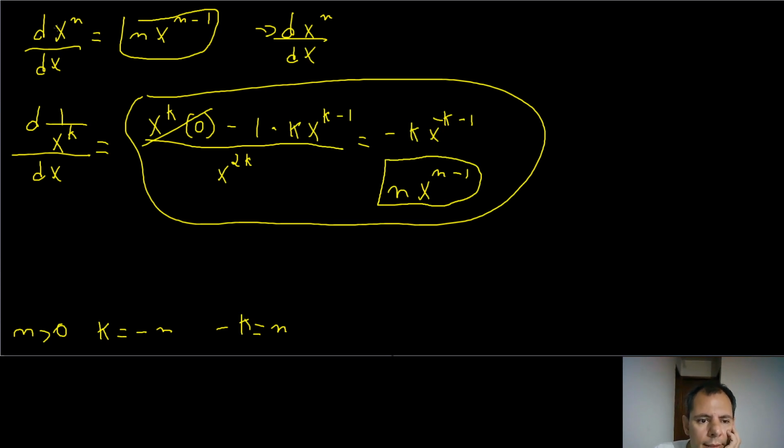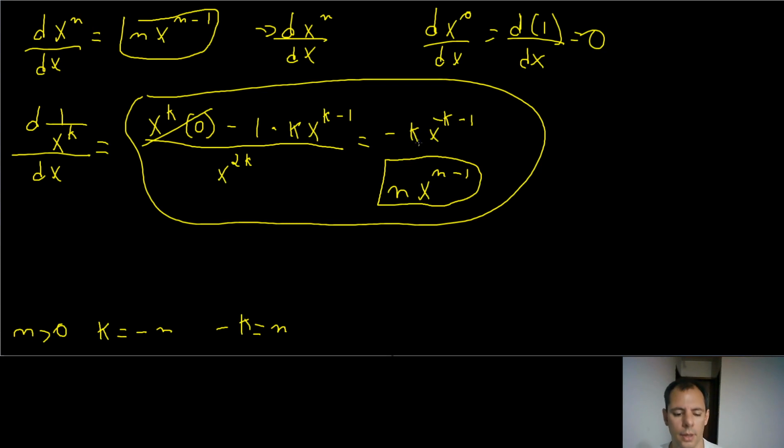It tells you that the derivative of x to the n with respect to x is valid for any n, positive and negative. Oh, but what if n is 0? Then it's going to be the derivative of x to the 0 with respect to x, which means the derivative of 1 with respect to x. Since 1 is a constant, it's just going to be 0. And there you go.